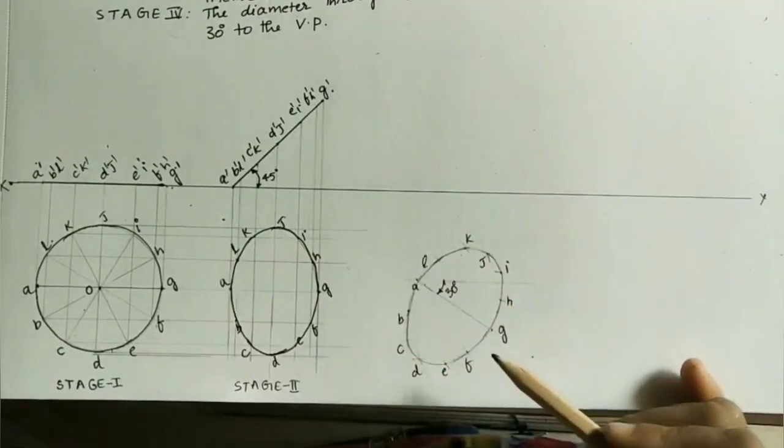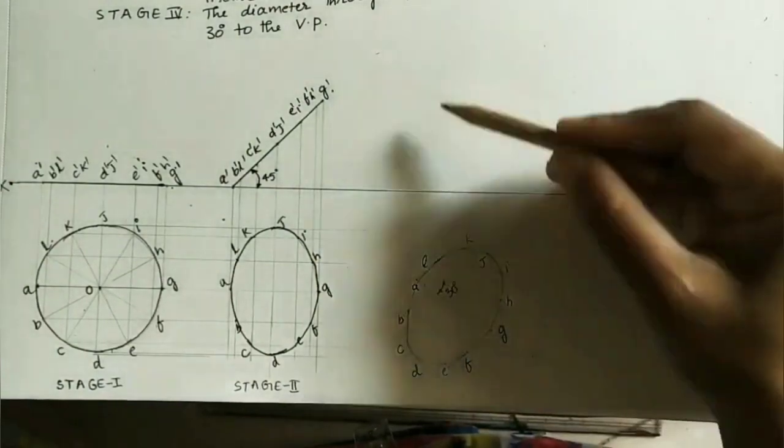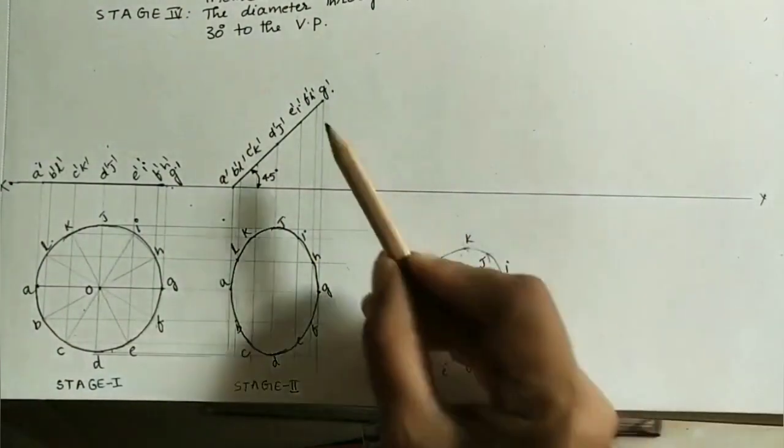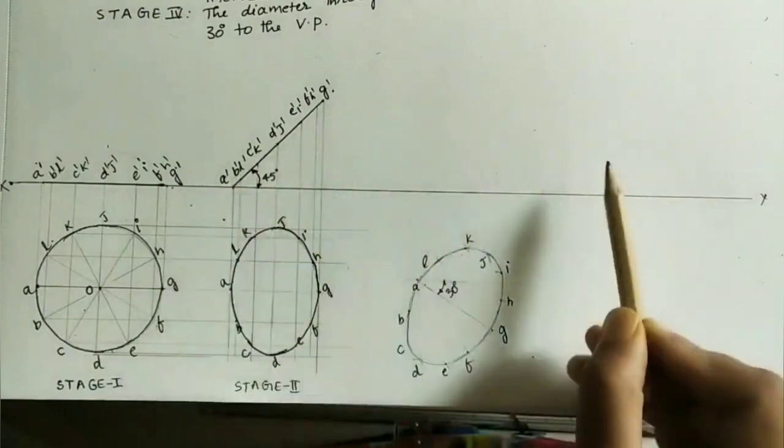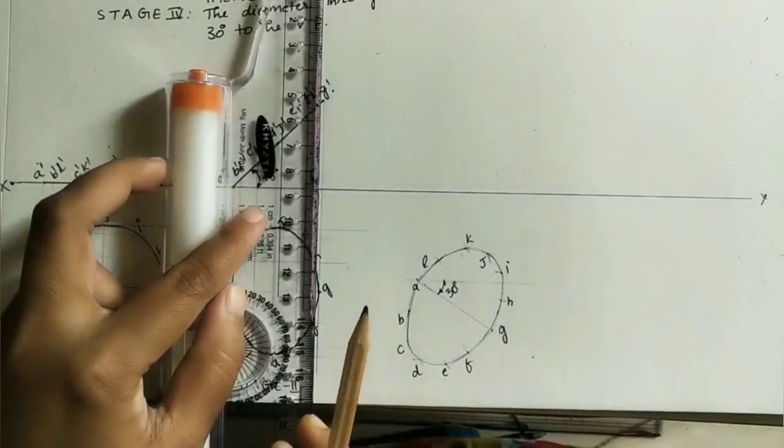This is the top view we got. For getting the front view, do the projector lines, vertical projector lines from all these points. From these points, do the horizontal projector lines. Take any one of the lines as a reference line.